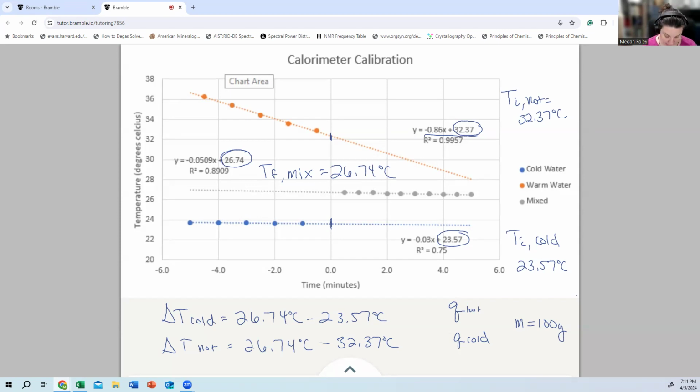And what we end up getting, we should get approximately for our Q cold, 1,326.3 joules.